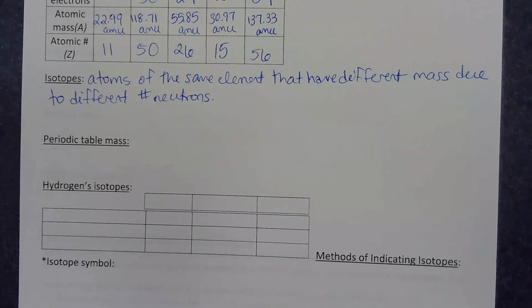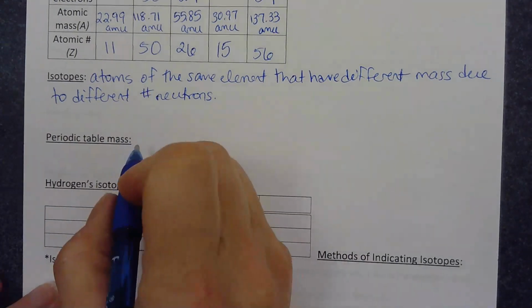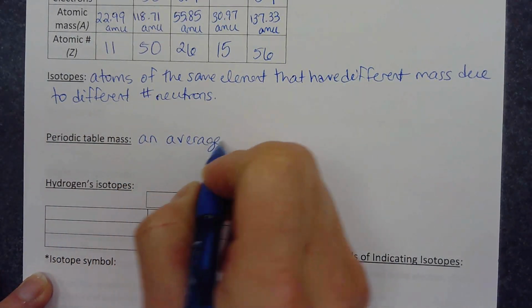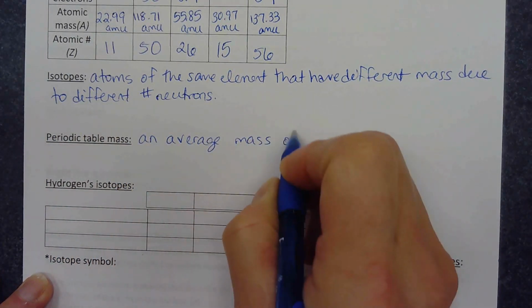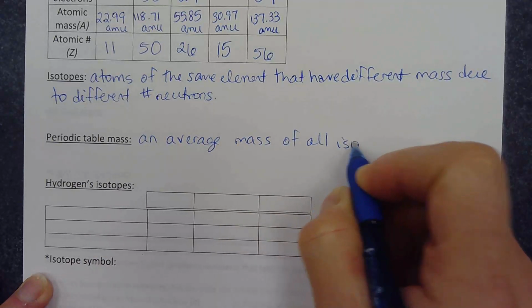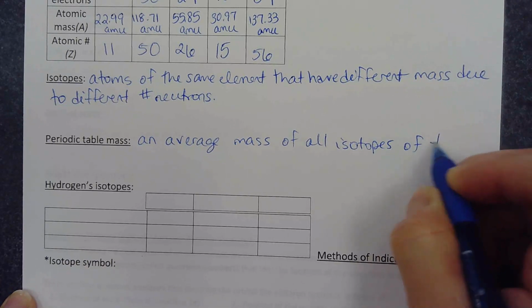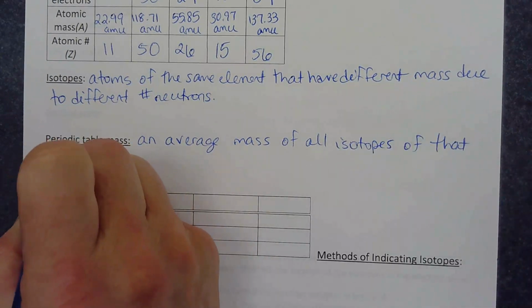The periodic table mass that you and I see is actually an average mass. It is an average mass of all isotopes of that atom.